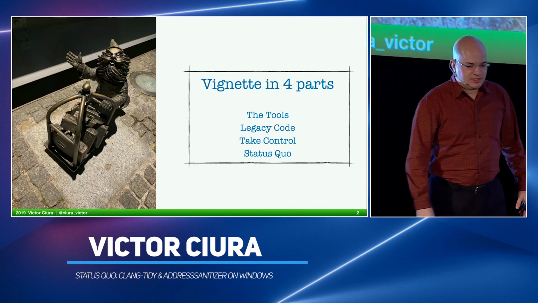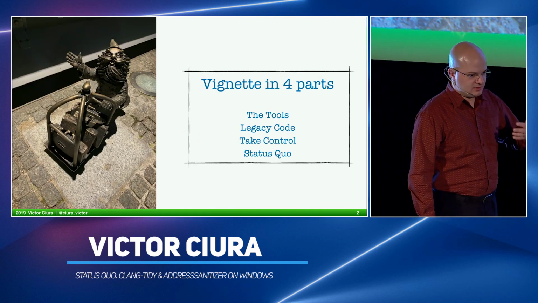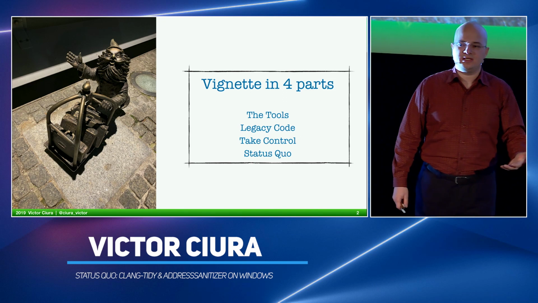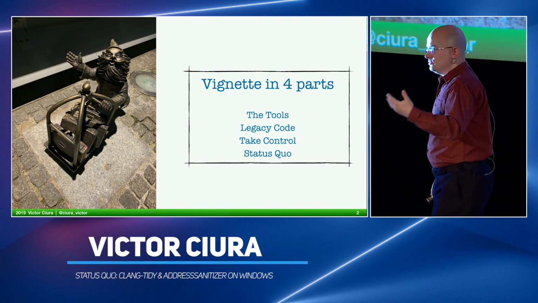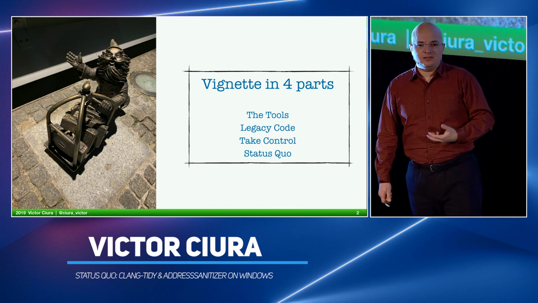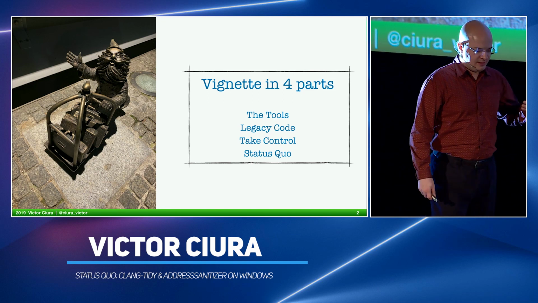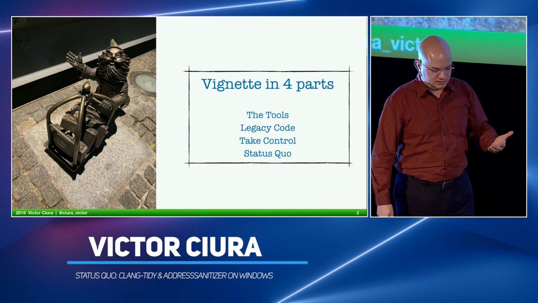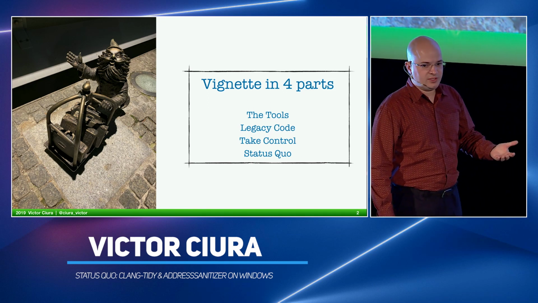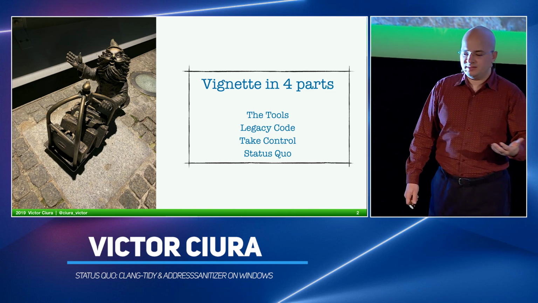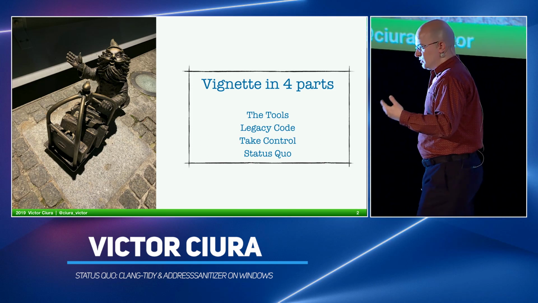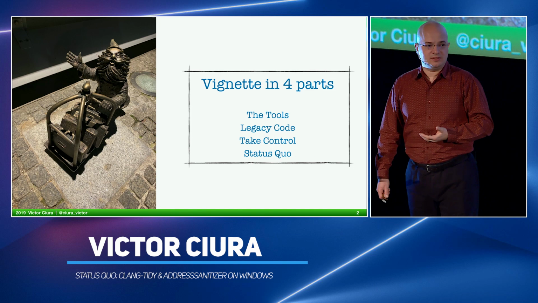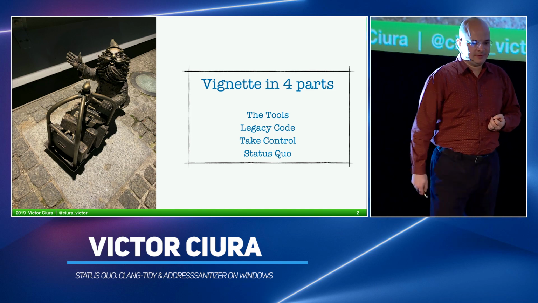We're going to talk about taking control and extending those tools further and building your own tools and your own checks and your own transformations. And then we're going to see what the situation is in terms of available tooling in Visual Studio and how this IDE and toolset has progressed and what's the status quo in delivering those tools today and using them.